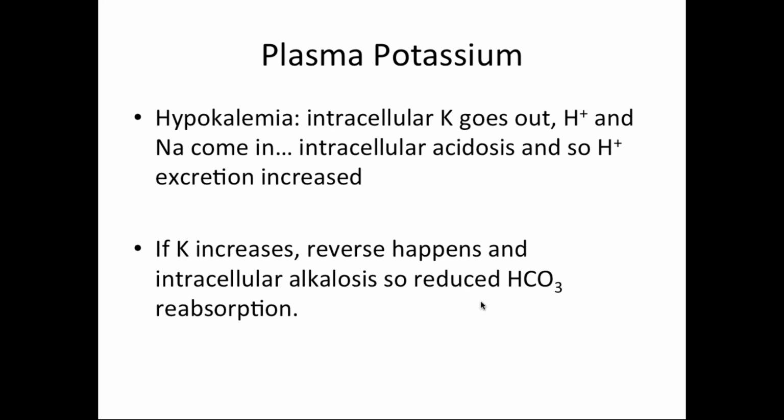The plasma potassium is another big factor in regulating acid base. If you have low potassium, the cell leaks potassium into the intravascular space in exchange for hydrogen and sodium. When the hydrogen comes inside, the cell becomes acidotic, and that increases hydrogen ion excretion, which could even be in the setting of a metabolic alkalosis, because the cell inside feels it is acidotic because of the H plus that it has taken in.